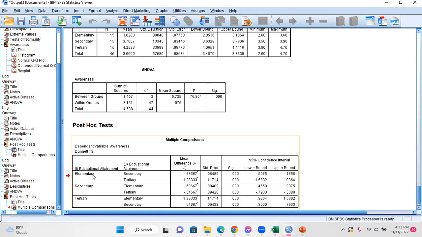Pag walang significant difference, hindi na magpo-post hoc. Kaya tayo nag-post hoc, 'di ba? Kanina, nung nag-check tayo, may significant difference. Naalala ninyo?